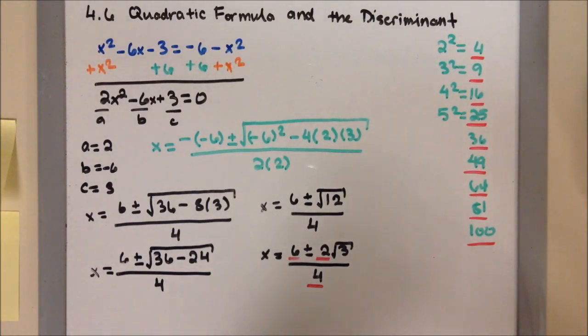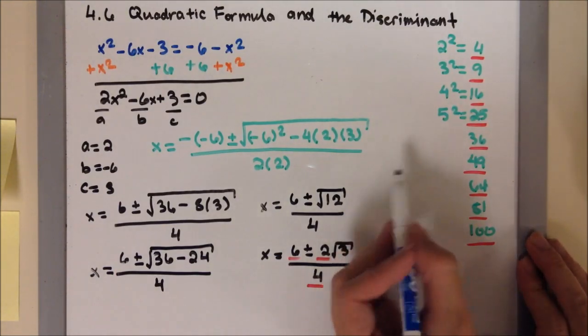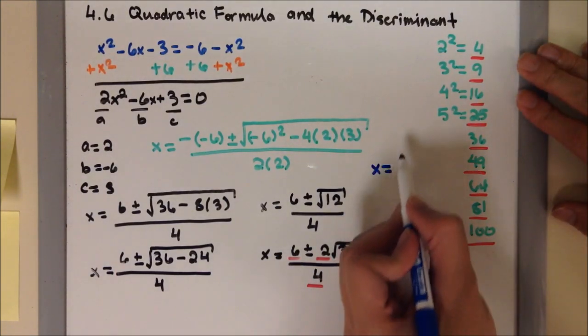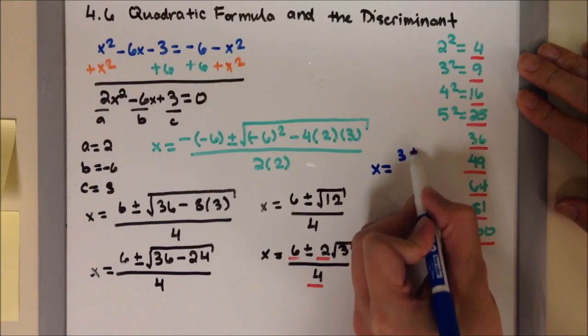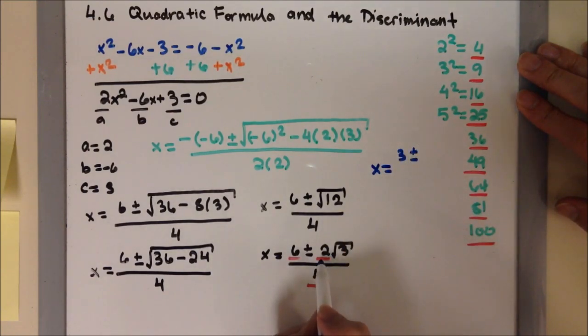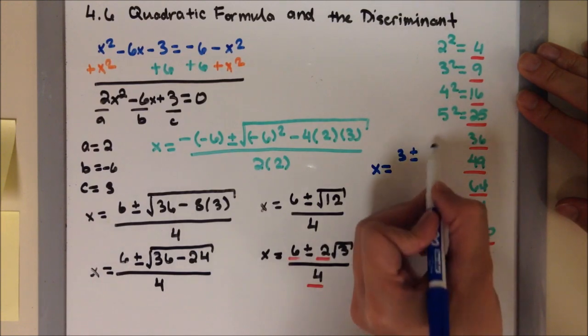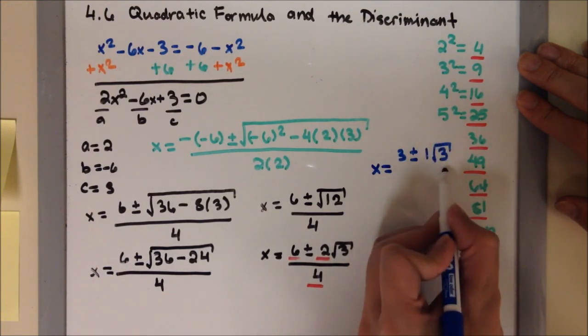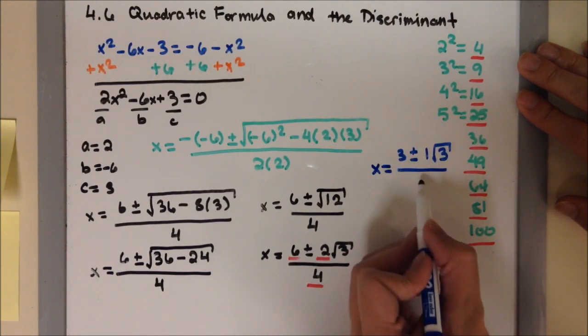So I'm going to write up here, x equal 6 divided by 2 is 3. The 2 square root of 3 divided by 2 is just 1 square root of 3 over 4 divided by 2 is just 2.